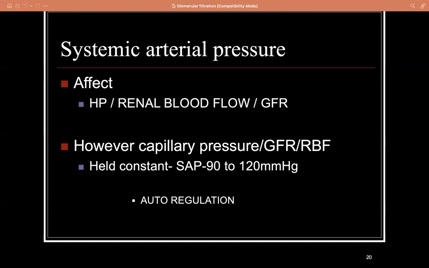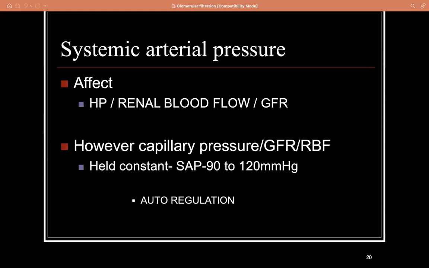So we have talked about systemic arterial pressure, which factors into renal blood flow, which factors into hydrostatic pressure, and finally affects GFR. So in other words, what we are saying, assume for a moment your systolic blood pressure is 120.